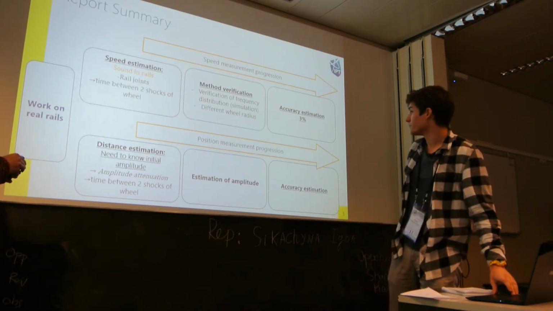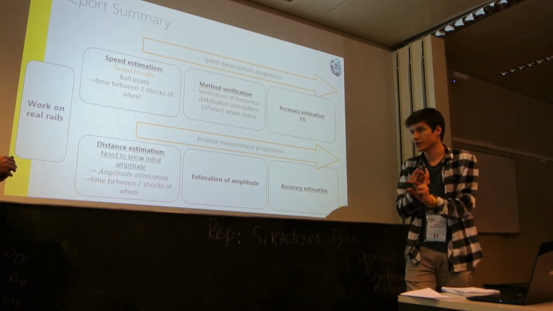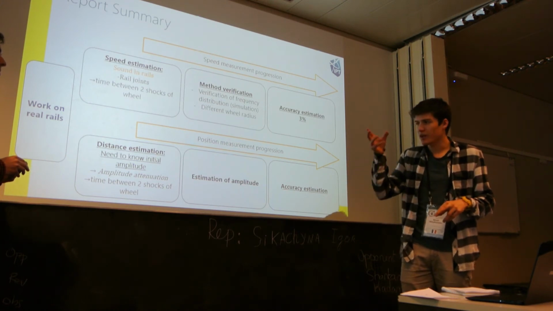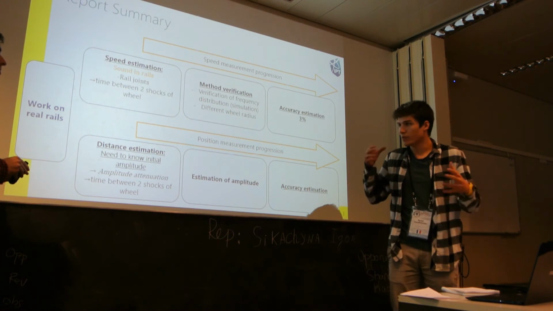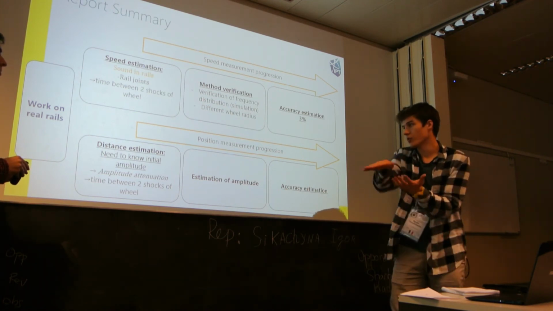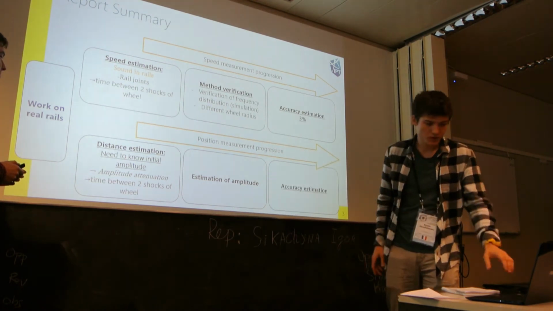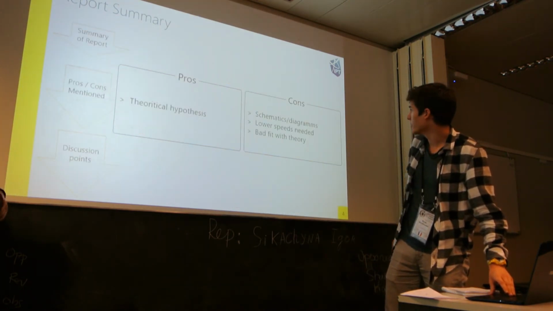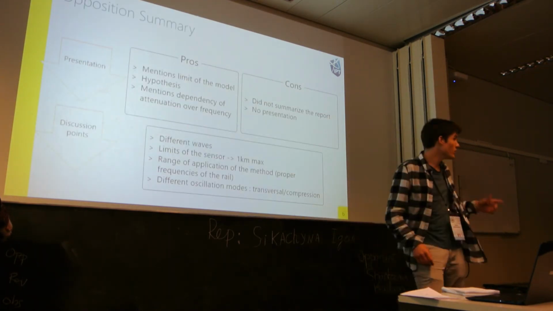Next, we have the position measurements. For the position measurements, you actually proposed a domain. You said you have to know the attenuation of your track, and next you would check the same thing, the times between two shocks, and you have an estimation of positions. We mentioned the limits of the model.